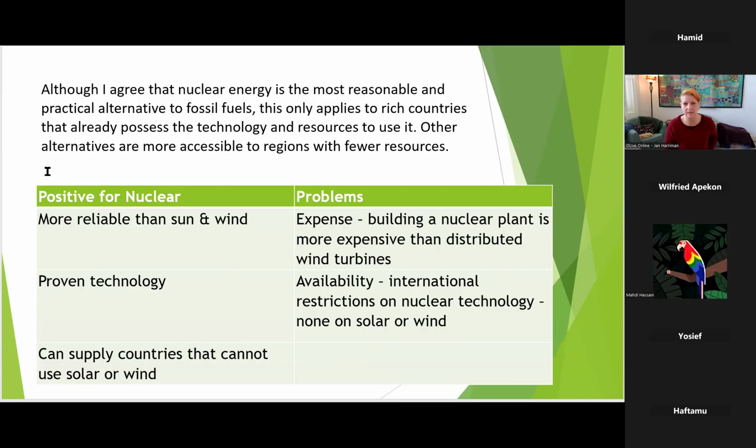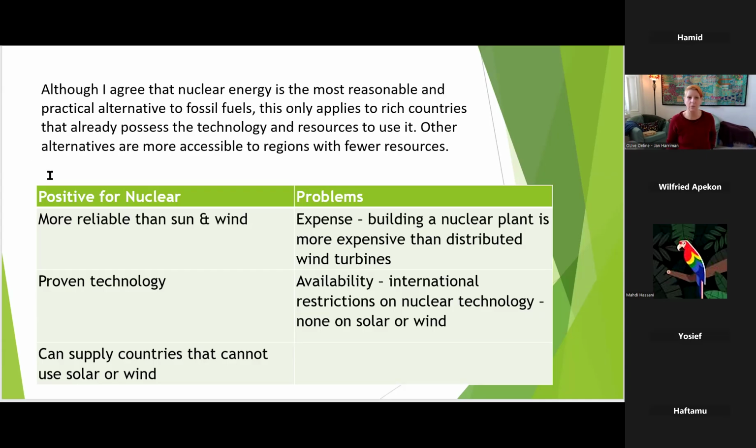This is an example of a first paragraph. Although I agree that nuclear energy is the most reasonable and practical alternative to fossil fuels, this only applies to rich countries that already possess the technology and the resources to use it.